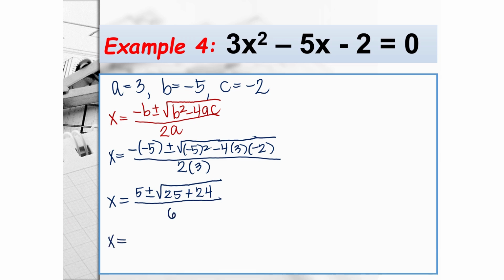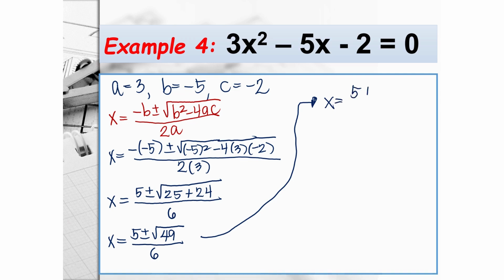So x is equal to 5 plus minus square root of 25 plus 24 is 49 divided by 6. And then get the square root of 49. So x is equal to 5 plus minus, ang square root ng 49 ay 7 divided by 6.